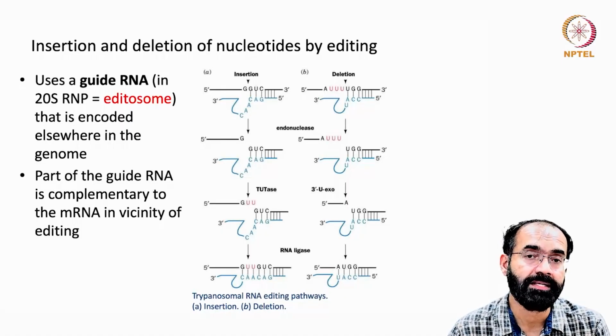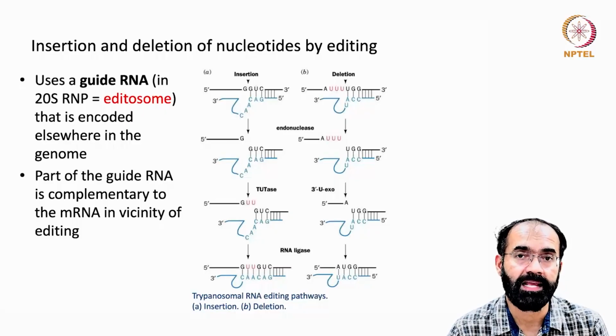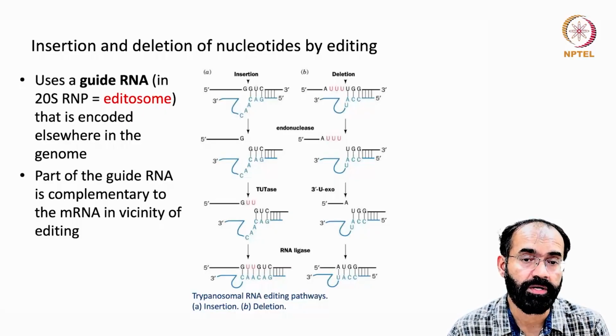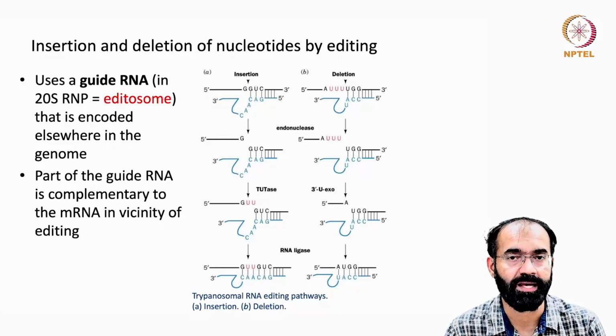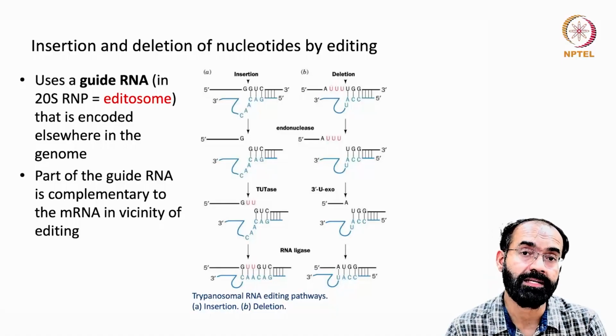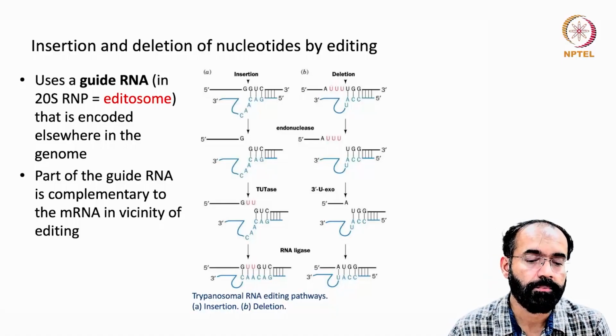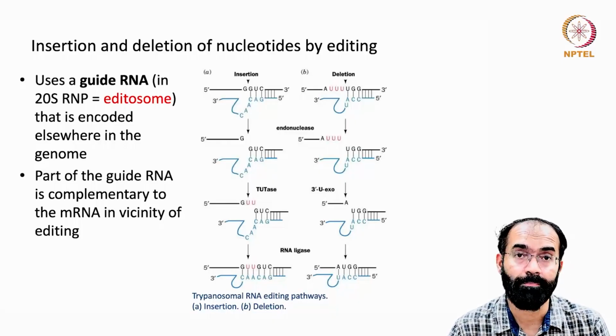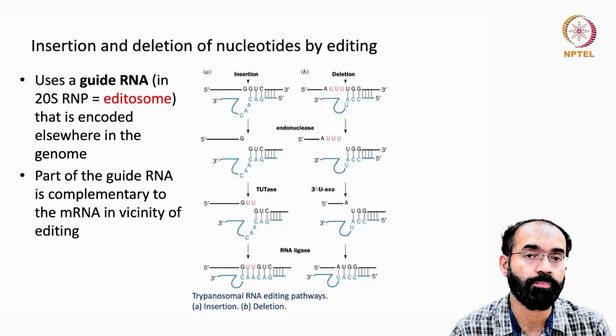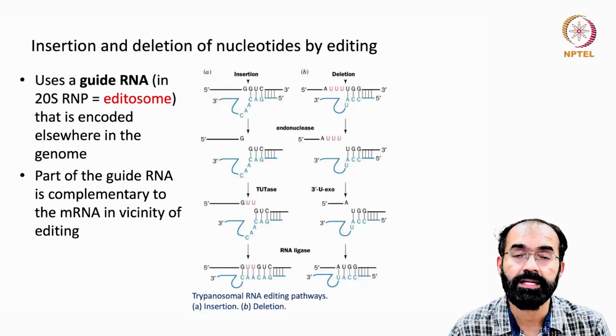So the editosome means a guide RNA that is capable of influencing uridine changes, encoded elsewhere in the genome. It is produced from somewhere and acts on some other RNA. It is the part of the guide RNA that is complementary to the mRNA to be edited, in the vicinity of editing.